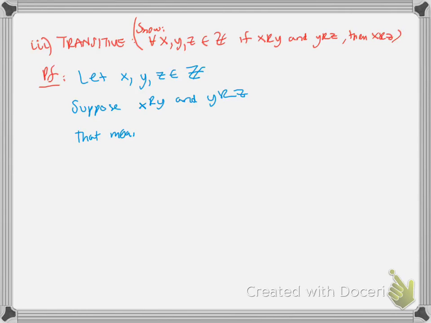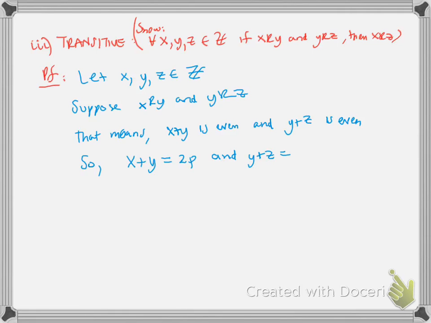So that means x plus y is even and y plus z is even. Okay, well, so I can write x plus y as 2p and y plus z as 2q for some p and q belonging to the integers.